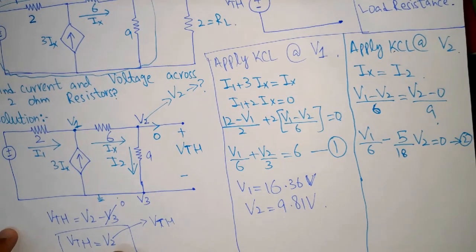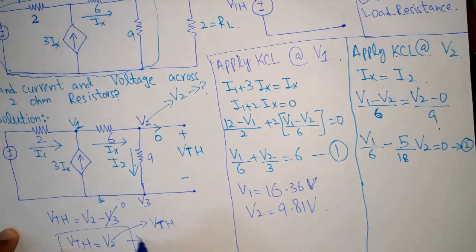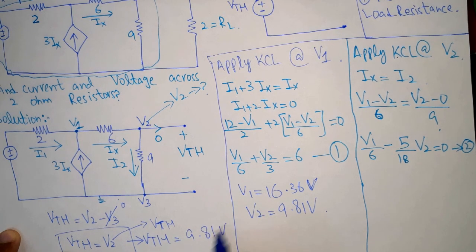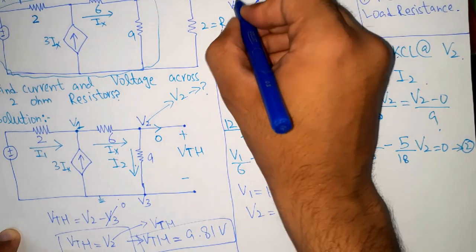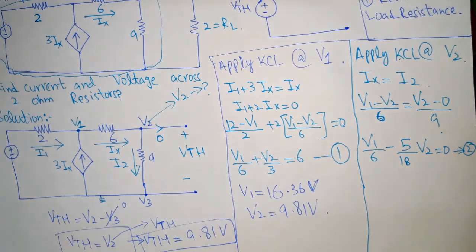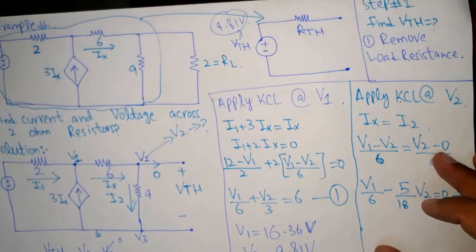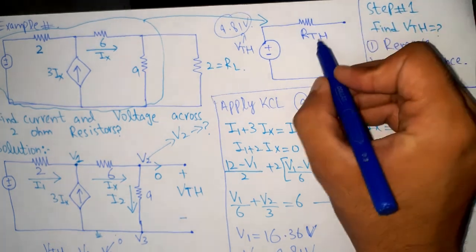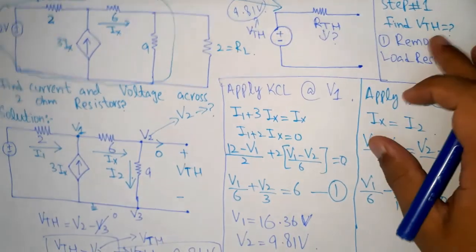We need to find V2, so V Thevenin will be equal to 9.81 volts. So our first step is done. Now our second step is to find Thevenin's resistance.